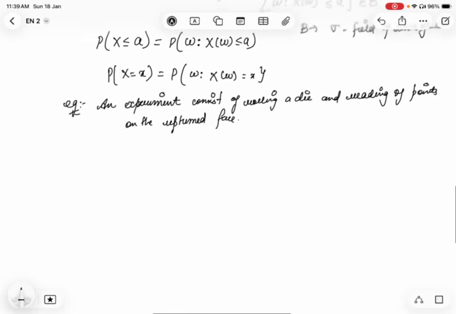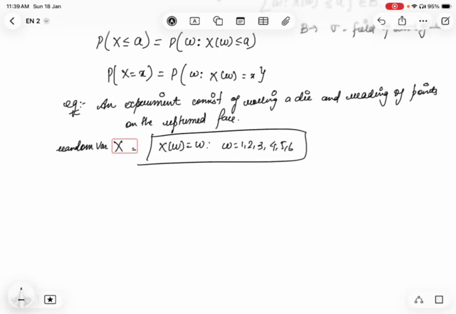So the random variable X is equal to omega, where omega is 1, 2, 3, 4, 5, 6.